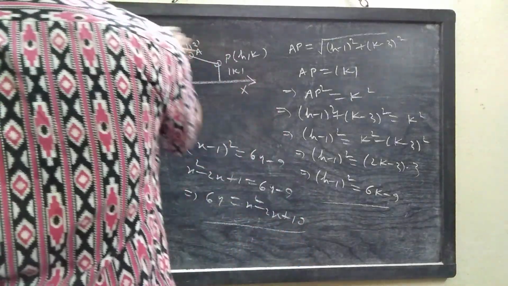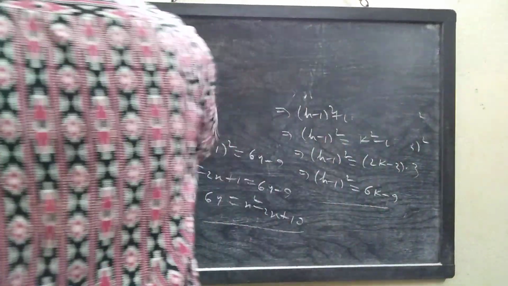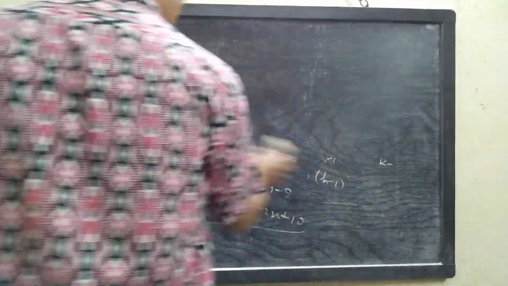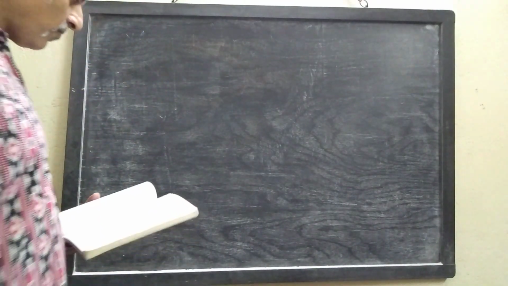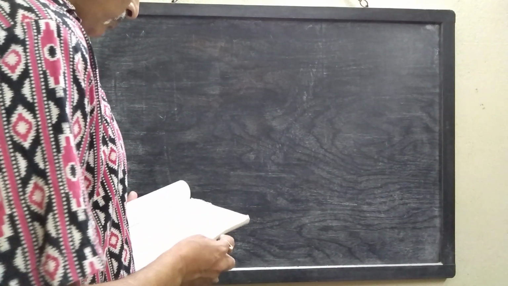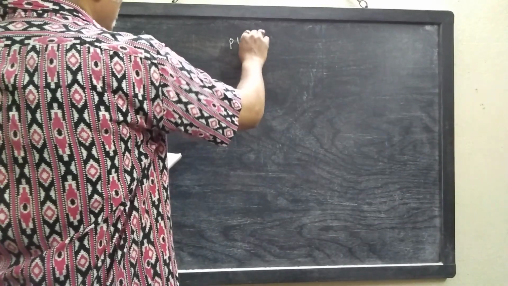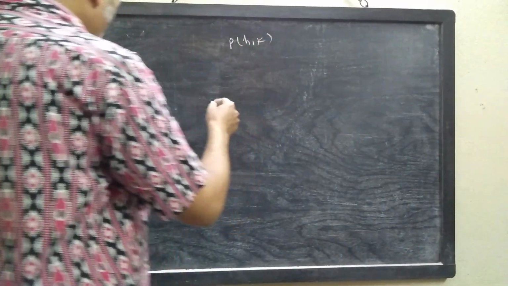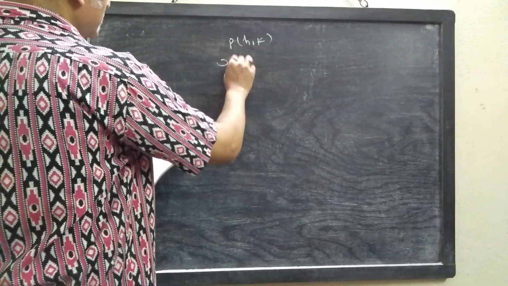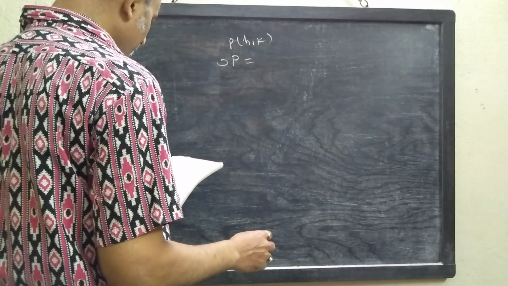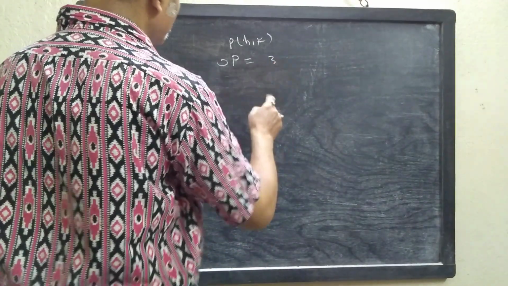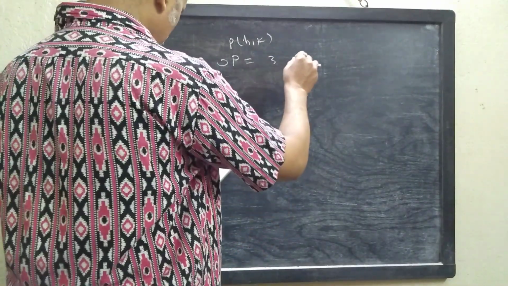Next one is homework for you. Similar problem, you can do this. Find the locus of a point which moves such that its distance from the origin is 3 times its distance from the x-axis. So if you take the point as (h, k), your restriction will be its distance from the origin, that is OP, equals 3 times its distance from the x-axis.